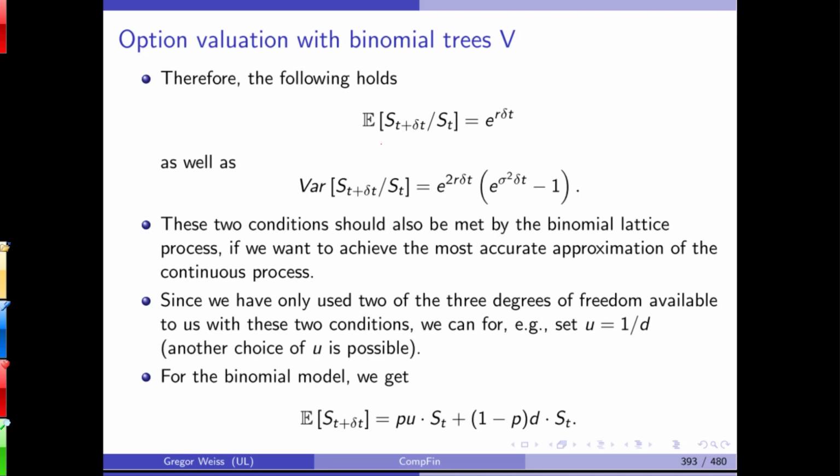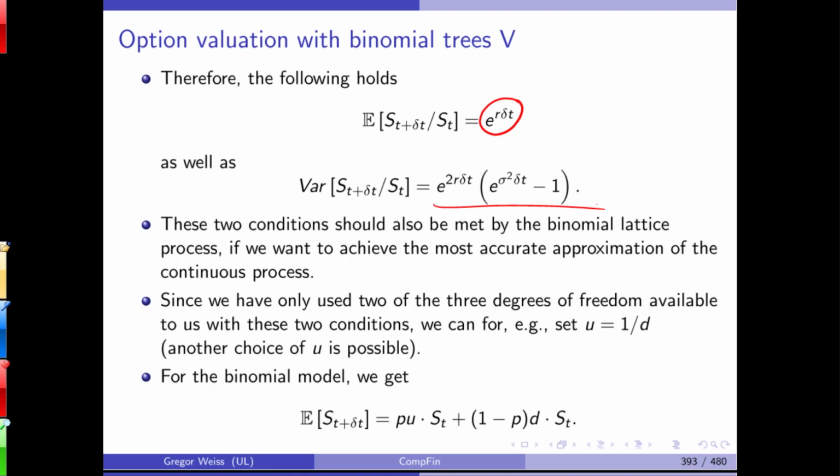Then we get the following: the expectation of the relative change in the stock price is the exponential function of r times Δt, and the variance is also given by this expression here.